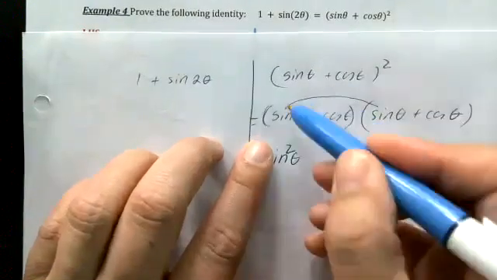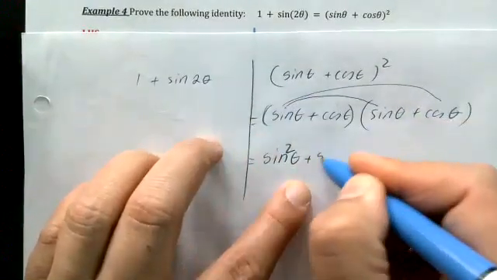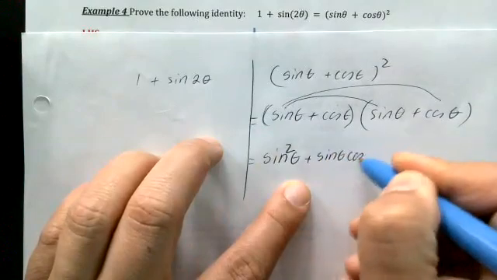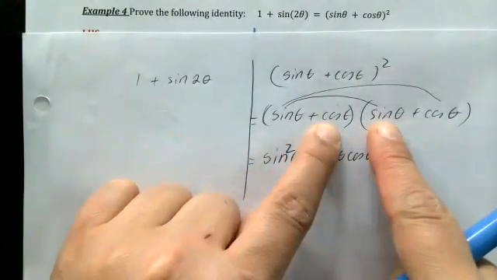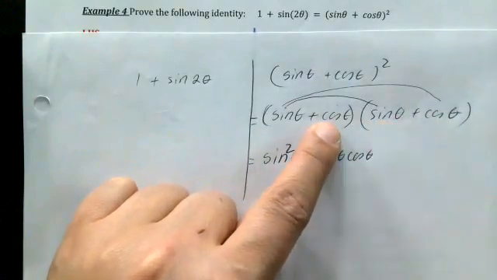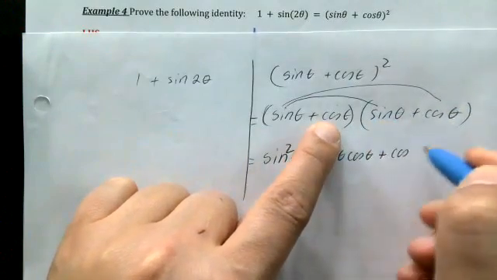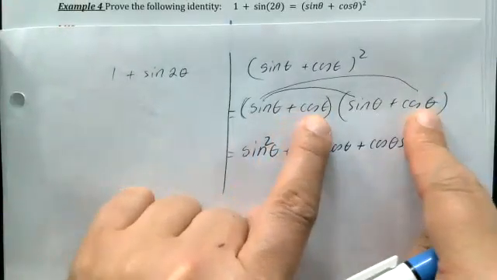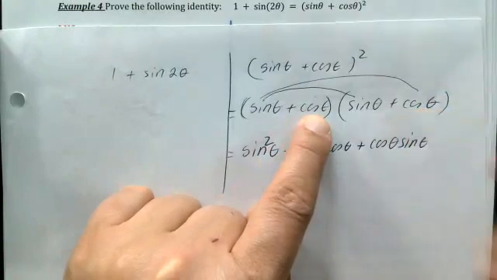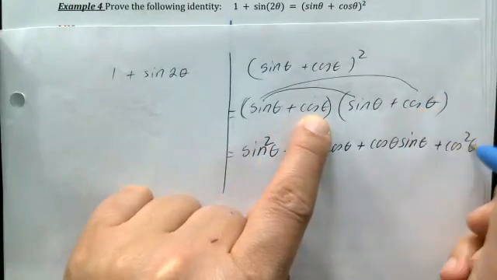So that one, and then sine times cos. Sine cos, and then cos times sine, which is again sine cos, because it's the same thing, right? And the last one, cos times cos, which is cos squared.